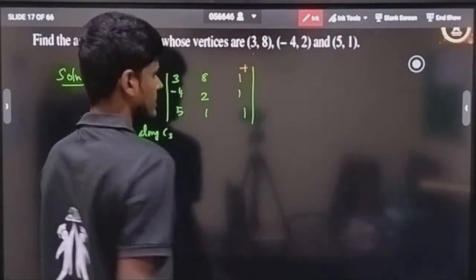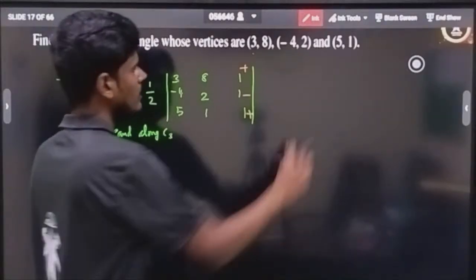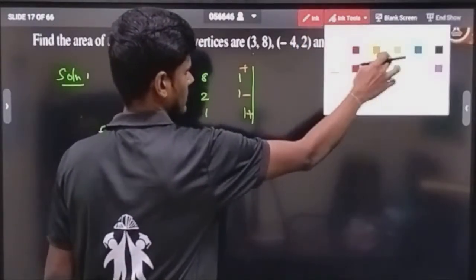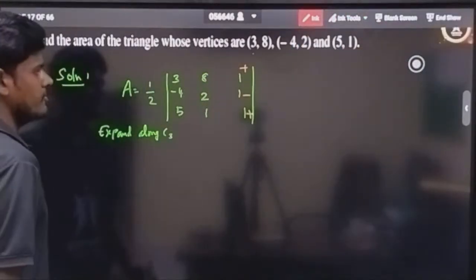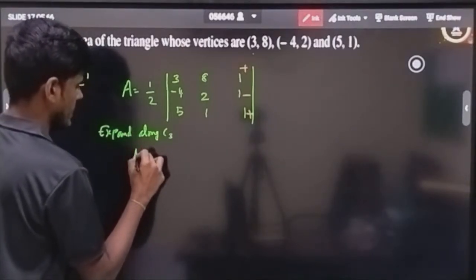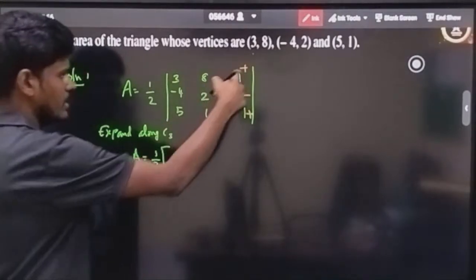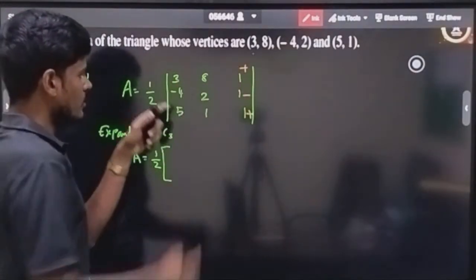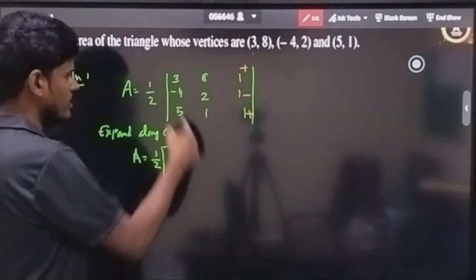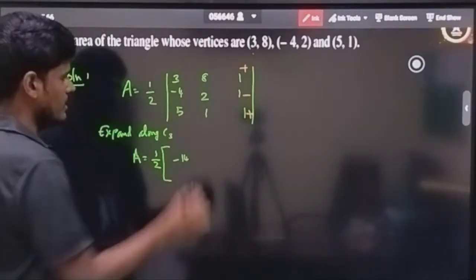For column 3, this is plus, minus and plus. Now what is the value of determinant? Determinant value, we can write area also. Area equal to half into determinant of, that is 1 into, multiply the remaining 2, that will be -4 -10, -14.